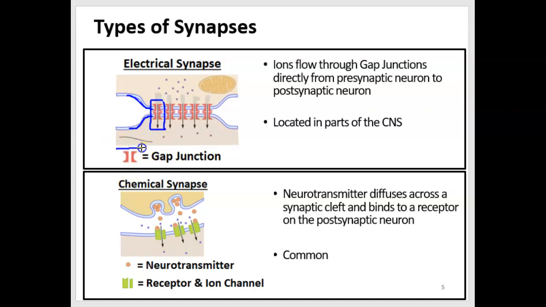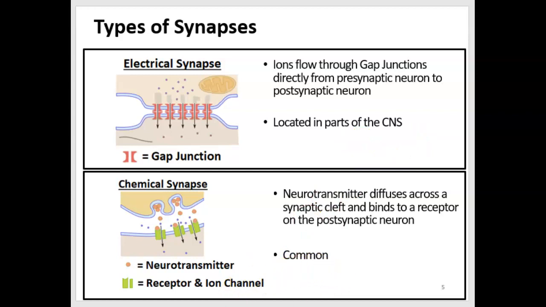These are called gap junctions, and they allow certain ions to flow from a presynaptic neuron to a postsynaptic neuron. I've drawn it from top to bottom, but it could just as easily go the other way if the cell on the bottom started sending a nerve impulse first. So there's some flexibility with this electrical synapse. You find electrical synapses in parts of the brain particularly, and the spinal cord, but mainly the brain.